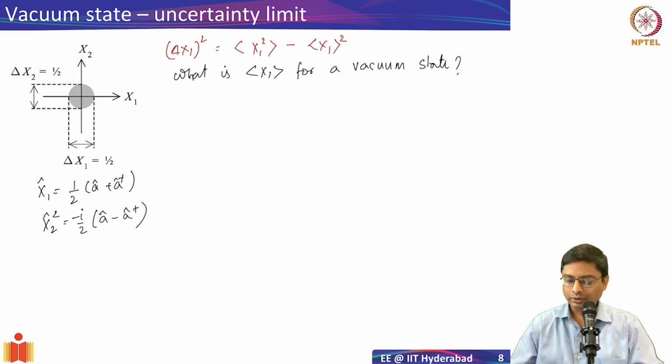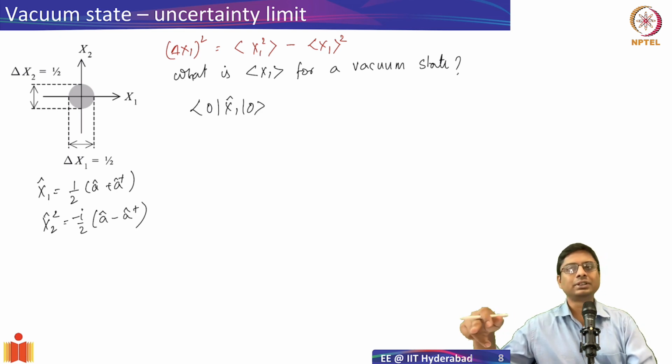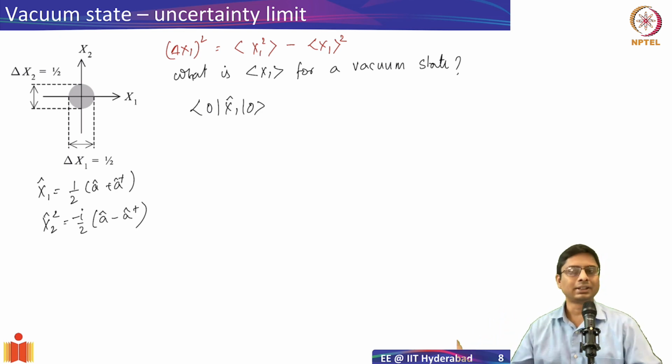For a ground state, I can write this as <0|x1|0>. This gives me the expectation value for a ground state. Remember this bracket notation, these are the initial and final states. In the integral form it has to be psi f, operator, times psi. That's a similar thing here in the bracket notation.